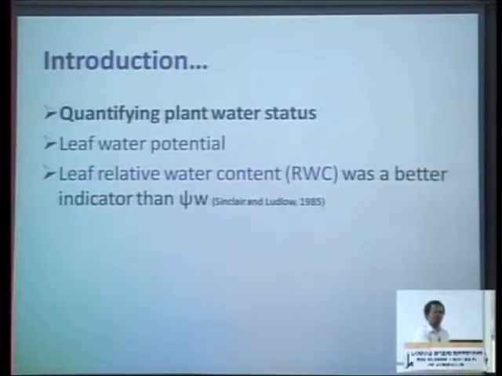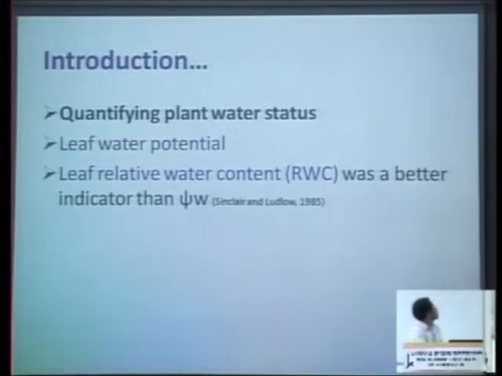In order to find solutions for all those problems, we can quantify the amount of water in the plant and determine what the effect is and how we can alleviate this nitrogen deficiency and drought, or how we can modify these conditions.